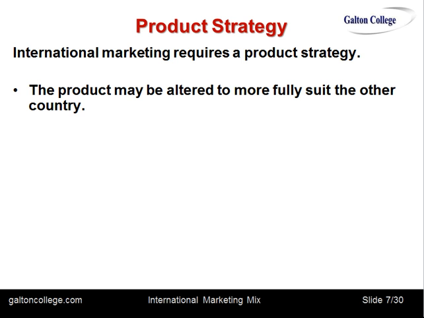I believe that McDonald's offer local menus, local items which meet with local tastes in their restaurants around the world. So the product may be altered to suit the other countries.